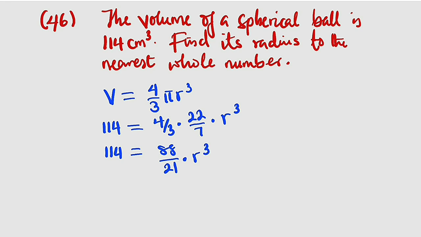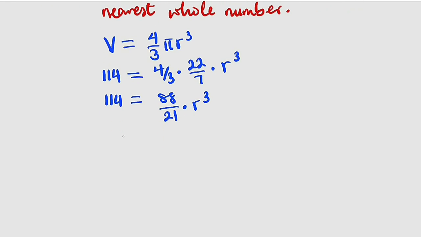We can multiply both sides by the reciprocal of the coefficient of r cubed. So r cubed is equal to 114 multiplied by 21 divided by 88. And 114 multiplied by 21 is equal to 2394.